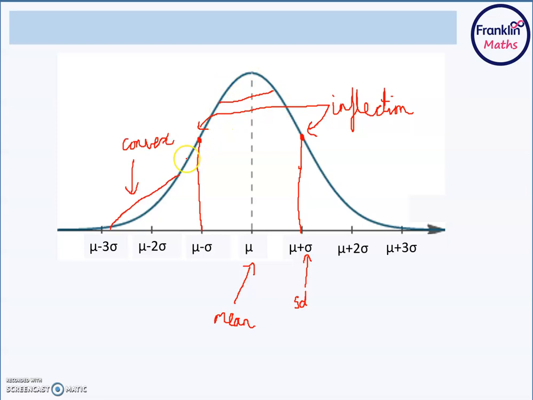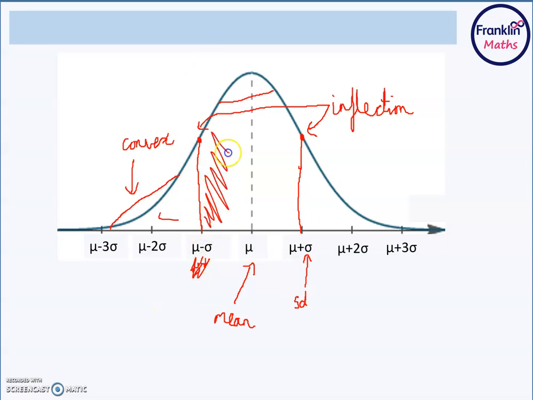So remember, an inflection point is that change from convex to concave. Okay, the exam board do like to do this. They will give you one of these and go, well, this is 14 here. Or they might give you the value of an inflection point and ask, what's roughly the standard deviation? I have seen it before. You've got to sort of guess it.